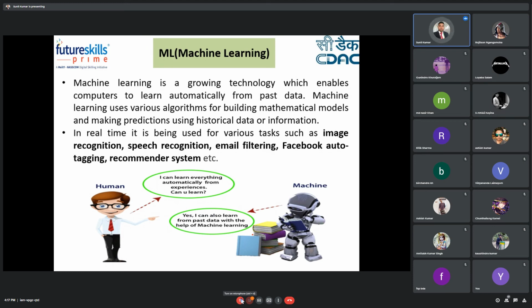In real time we use it in a number of applications, like image recognition, speech recognition, email filtering, Facebook auto tagging, and recommender systems. These are a few examples of real-time use of machine learning. You can see driverless cars and driverless metro.